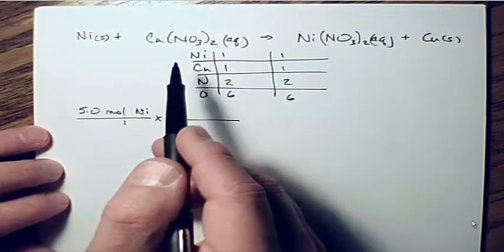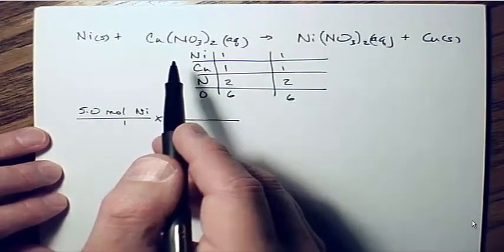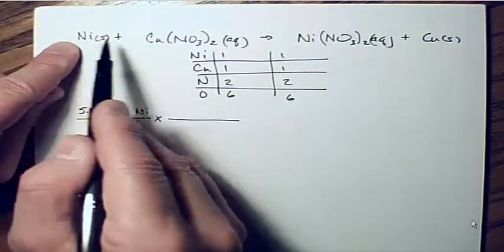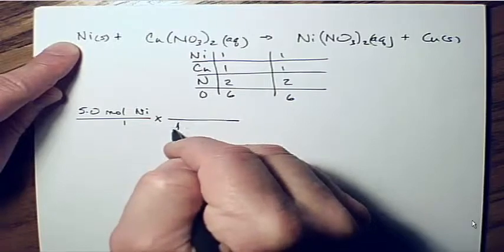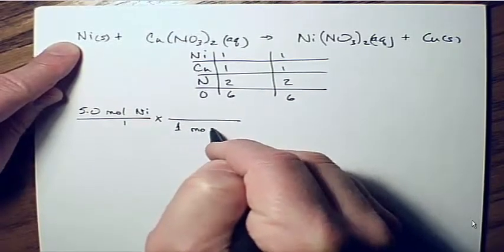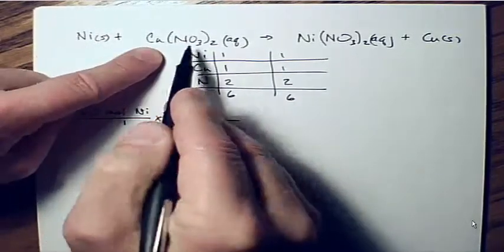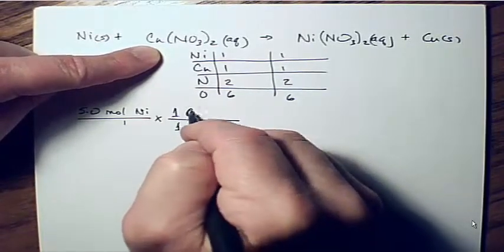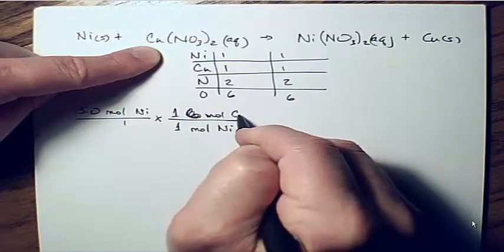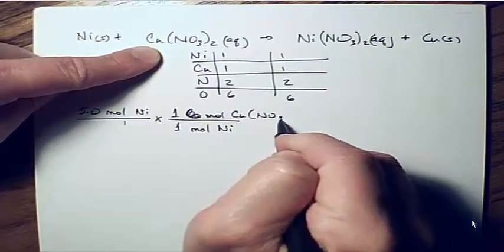And since a molar ratio is a comparison of the coefficients in the balanced equation, we have 1 and 1. So we're going to put 1 mole of nickel on the bottom because that's going to allow me to cancel nickel. And 1 mole of copper nitrate on the top because that's where I want to get to. Oh, I should put moles. Moles, copper nitrate.